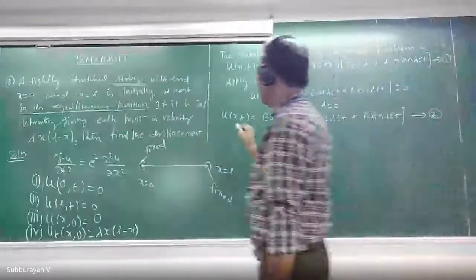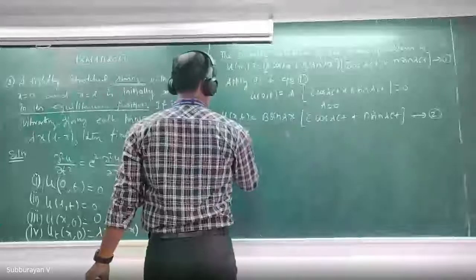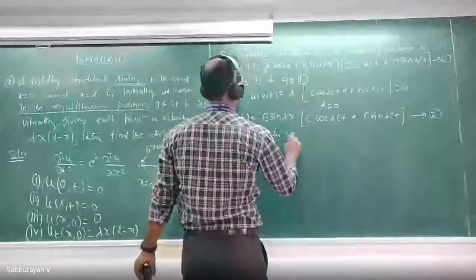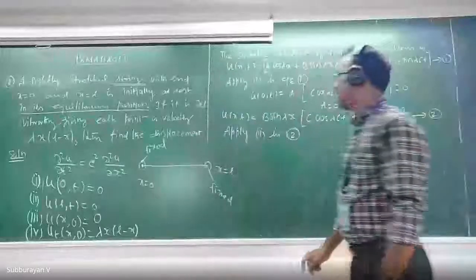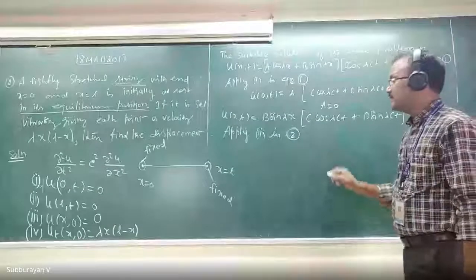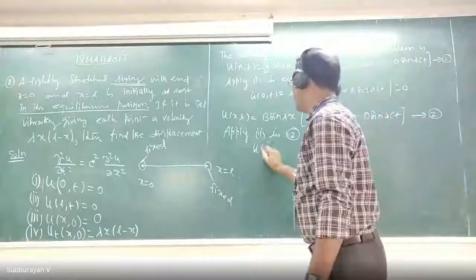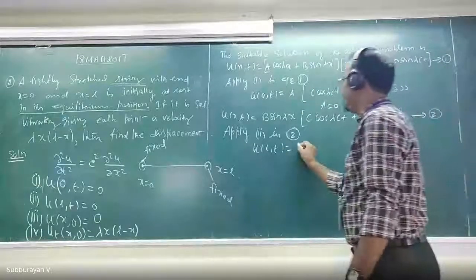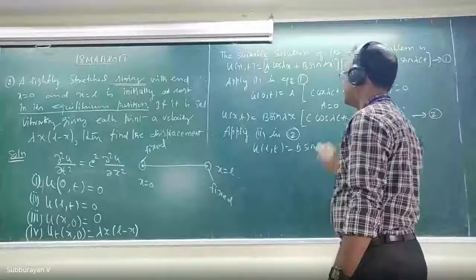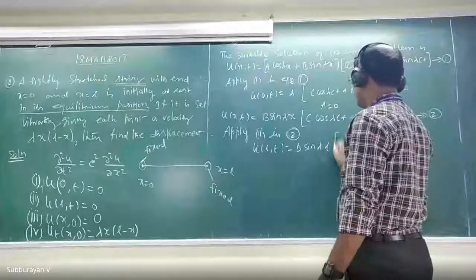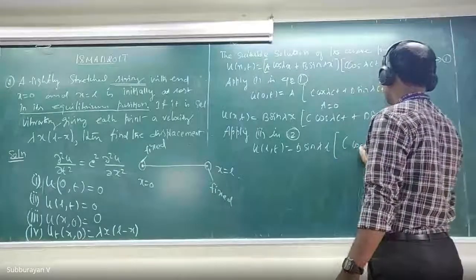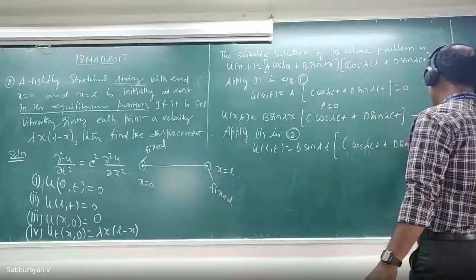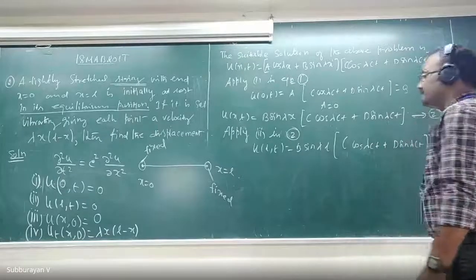Then apply condition 2 in equation number 2. Then what will I get? u of L comma t equal to b sin lambda L into c cos lambda ct plus d sin lambda ct, which is equal to 0.